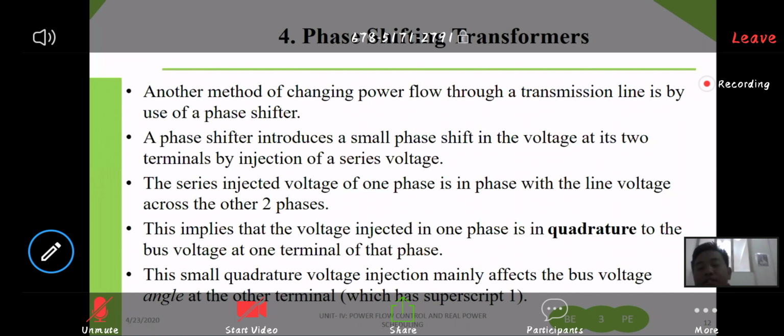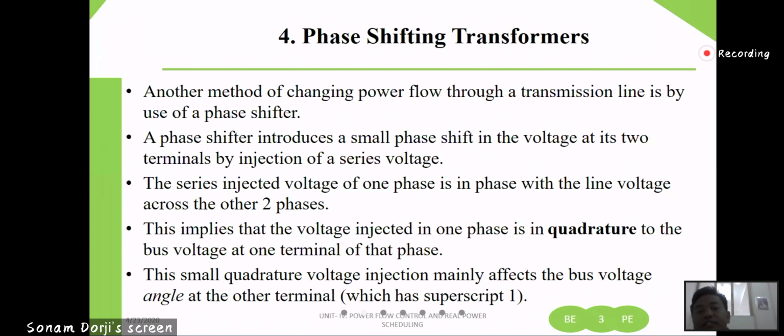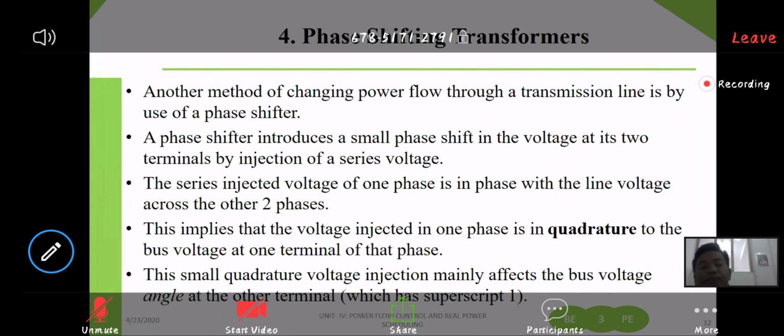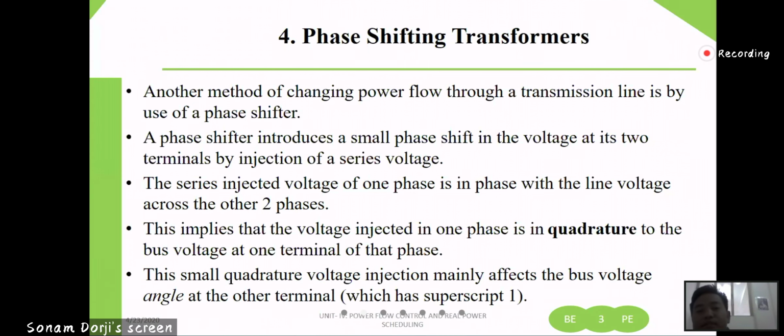When we learn about the phase shifting transformer, we will not learn the characteristics of this transformer and the winding of the transformer. You have learned all this in machines, that in a transformer there are primary and secondary windings, when we call it a step up transformer or a step down transformer, and you will know by seeing the number of turns in the primary side and secondary side whether the transformer is step up or step down.